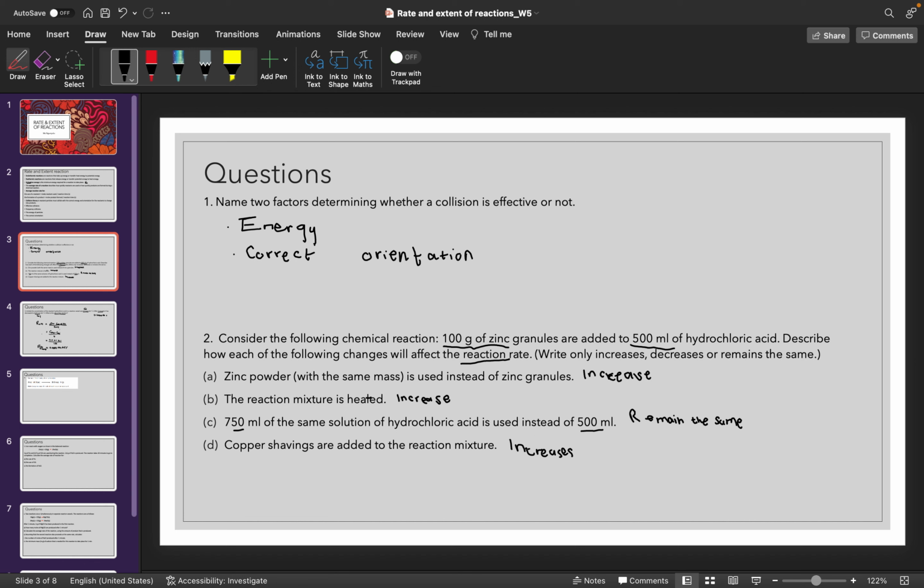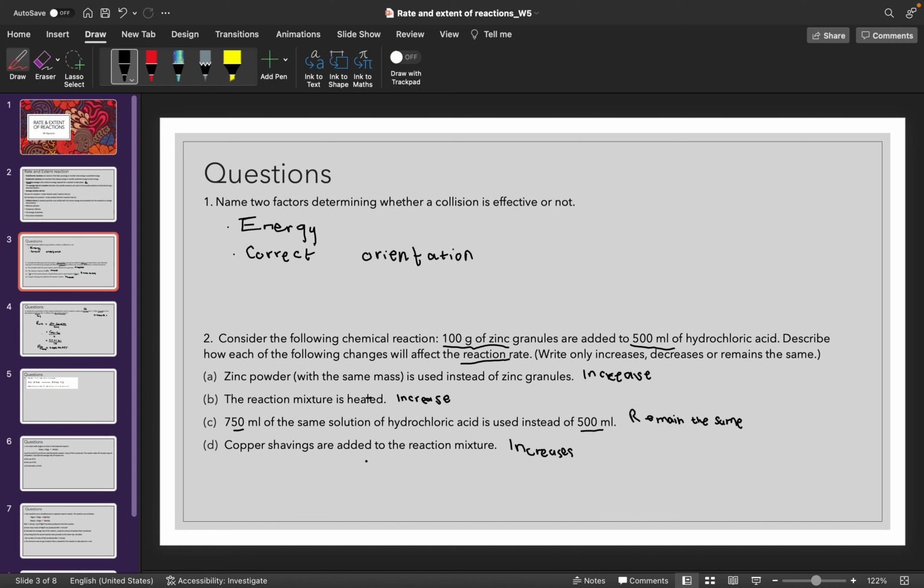And D says what will happen to the rate of reaction if copper shavings are added to the reaction mixture. So now, as if we talk about zinc, that you have zinc granules already, but now if you had to add another reactant, which is copper shavings, obviously they're not granules, they have a good surface area compared to the granules.